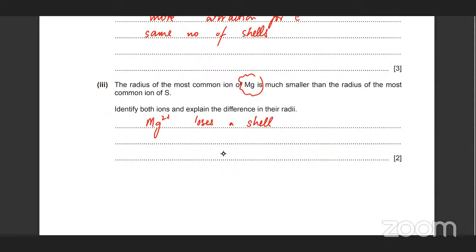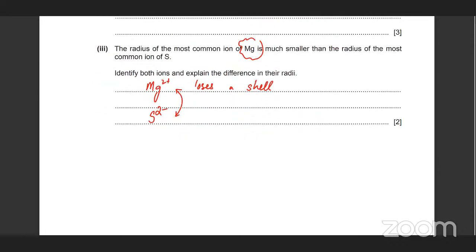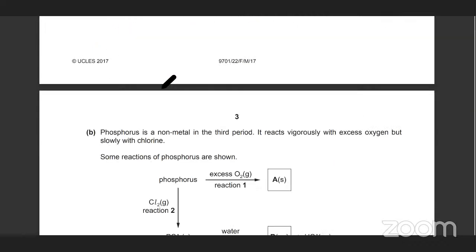And it said much smaller compared to sulfur. The difference is one shell. Sulfur has a complete extra shell, which is why sulfur is going to be much bigger. Earlier both had an equal number of shells, then Mg lost a shell, so there's a loss of a complete shell.